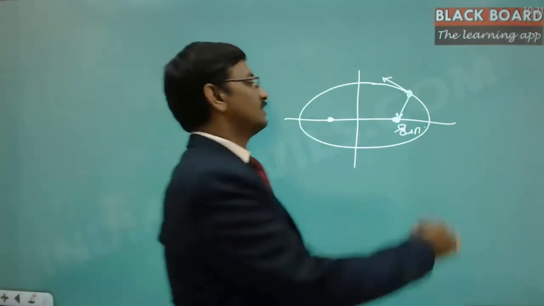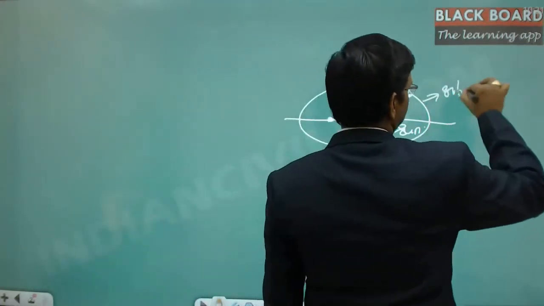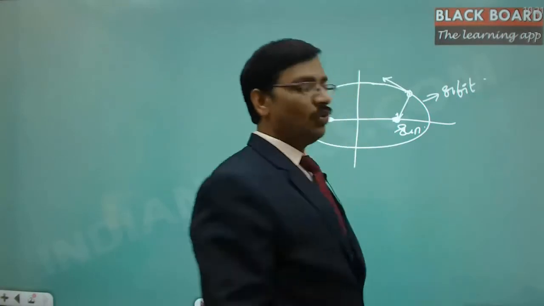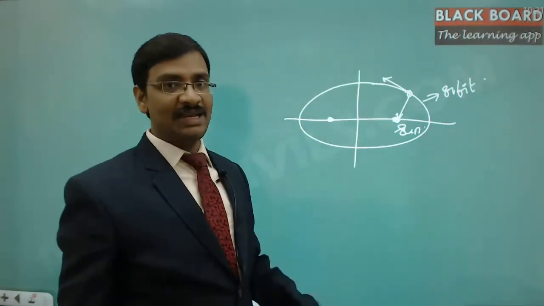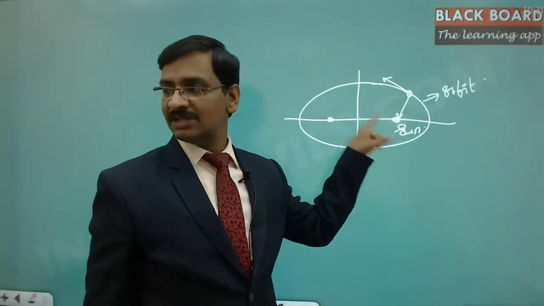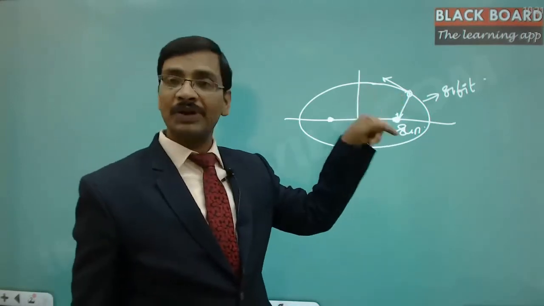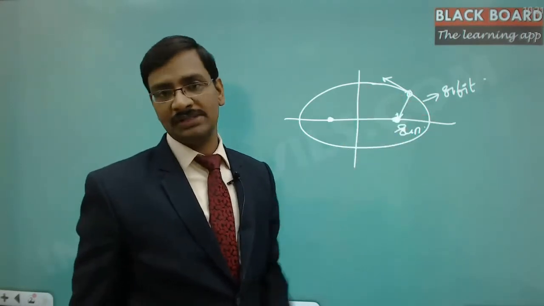That is what we call the orbit. It moves in an orbit so that it can withstand the force of attraction between the sun and the earth, so that it won't fall into the sun.